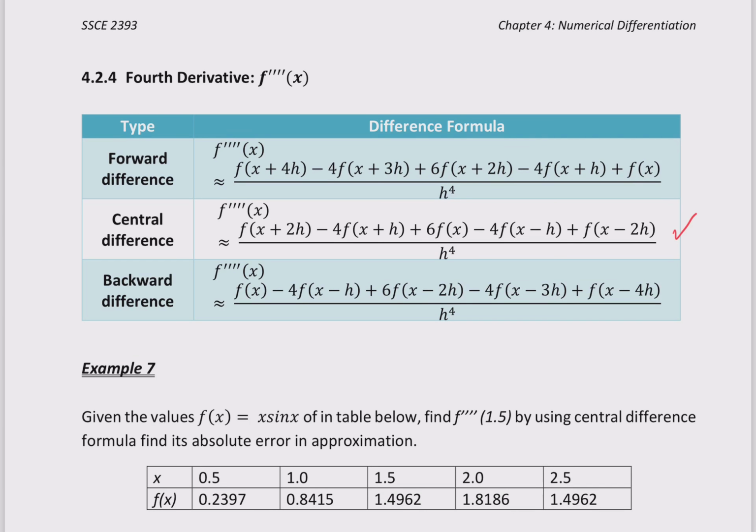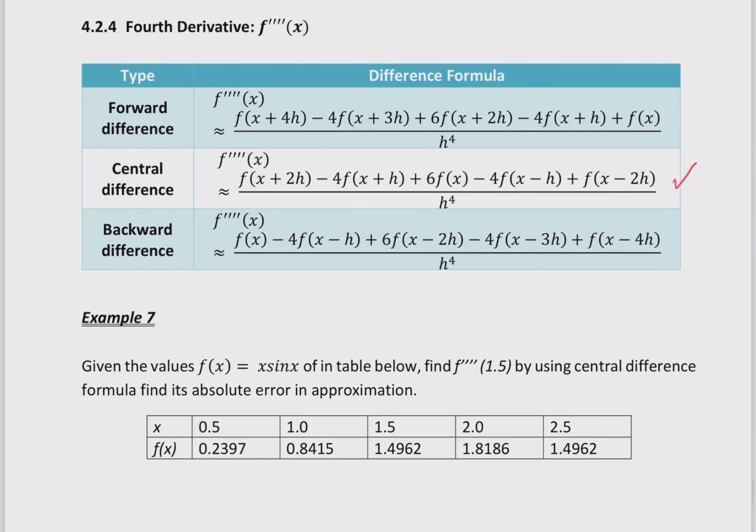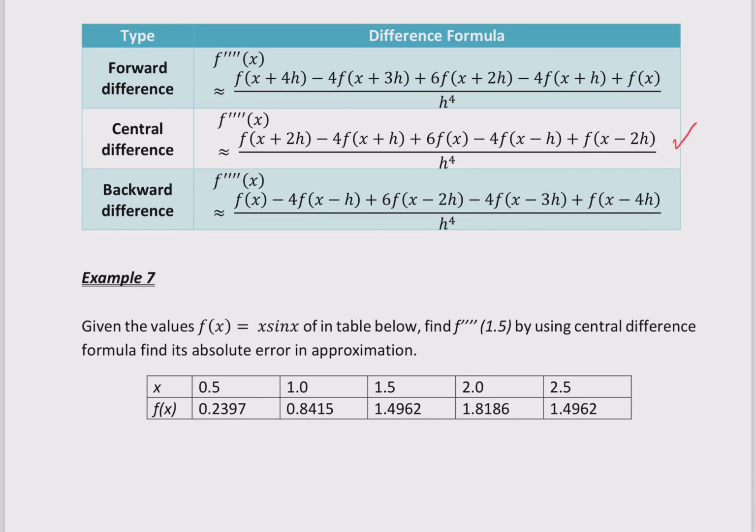So for this one, it is the same. You have the function x sin x, and then you need to find the value of the fourth derivative when x equals 1.5.